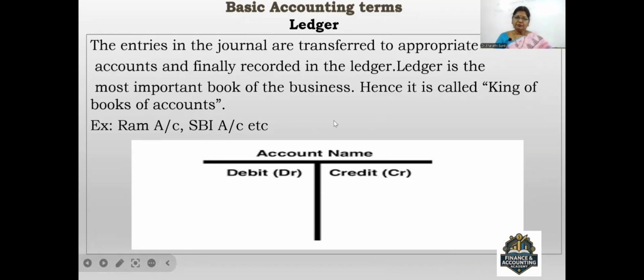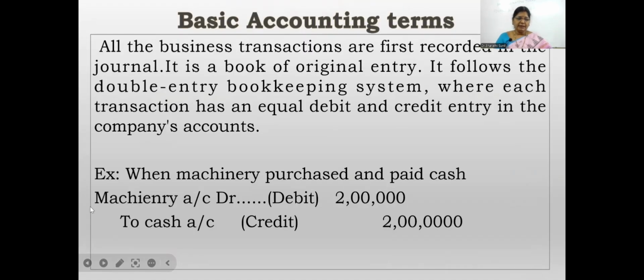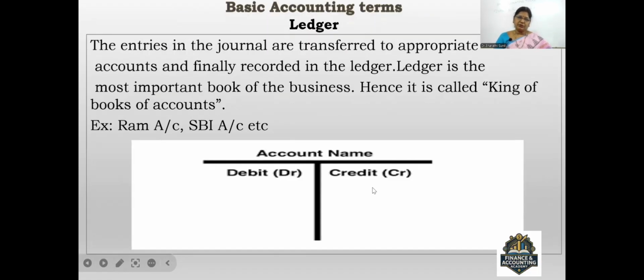In the same way, whatever transactions we enter in the form of journal entries, for all those entries we have to prepare accounts. In this slide, I showed you machinery account debit to cash account. What are the two accounts we have shown here? Machinery account and cash account. So when we have to prepare the ledger, we will prepare the machinery account and we will also prepare the cash account.